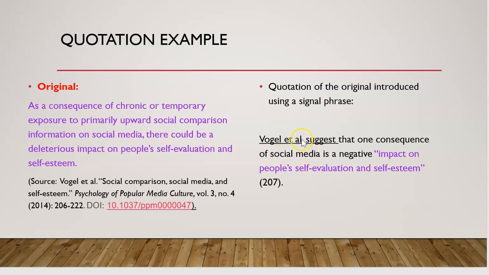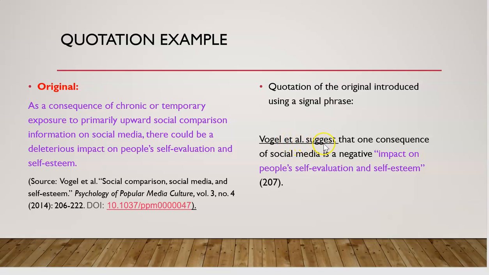So you're introducing who said the quote. And in this case, Vogel et al. is the author. Vogel is the last name of the author, and et al. is an abbreviation to mean more than one. So there's actually 3 authors for this article. And so we use the abbreviation et al. to indicate that. And I'll talk a little bit more about that in another video.